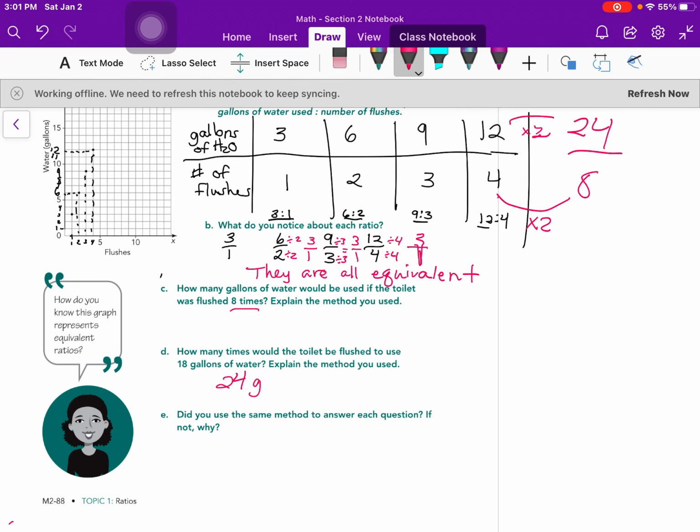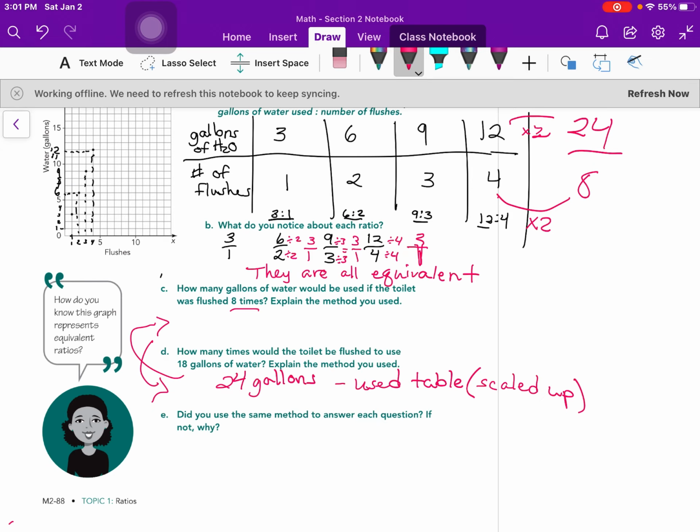So 24 gallons. And I used a table, and I actually scaled up. Oops, that was the answer for C. I'm going to have to flip-flop these.